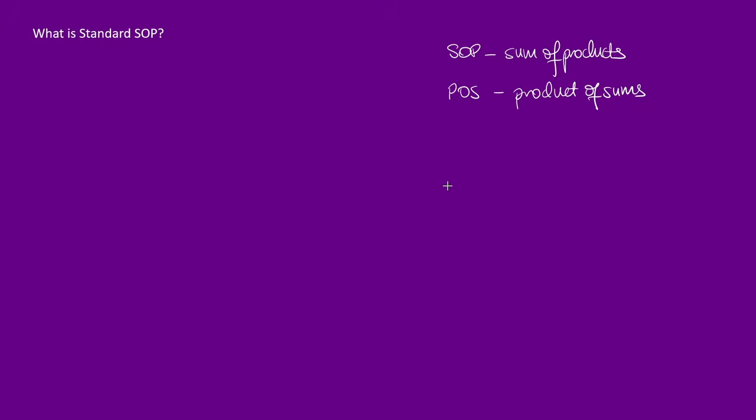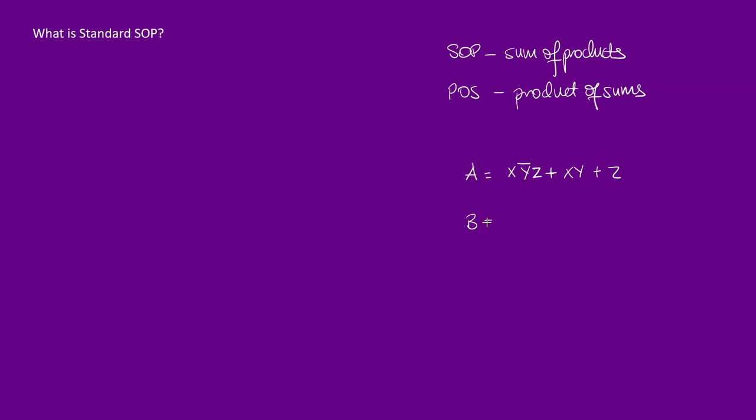So what this means is that you can have a binary expression. Let's say A is equal to, let's use X, Y, Z. So you have X not Y Z, or X Y, or Z. So this is a sum of products, since your primary operation here is OR, so you're summing different products.